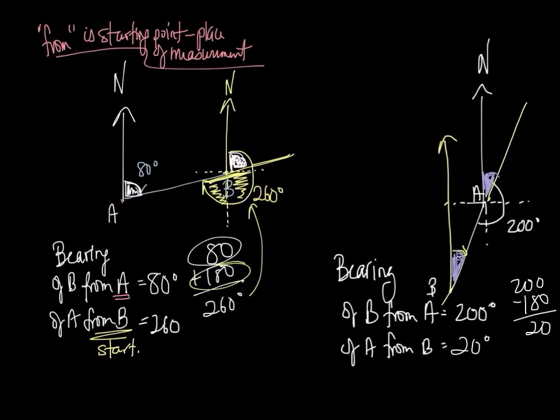And this is again my 180. So this whole 200 is a combination of the 180 plus whatever the difference is here. That's why I take the 200, which is the whole thing, subtract just the 180, and I'm left with 20. That's my measurement in here, 20 degrees. It's also my measurement there. Okay?